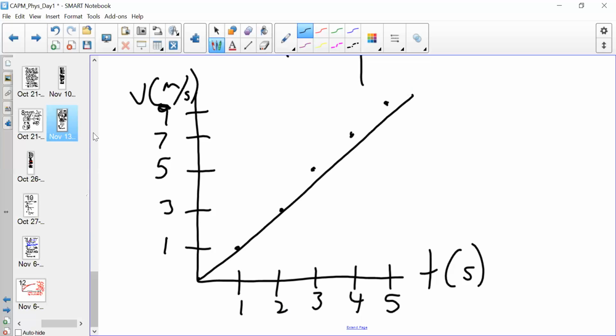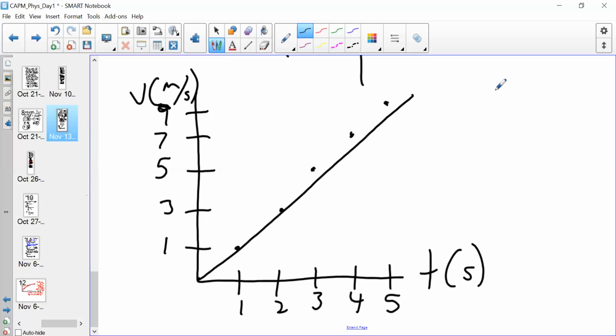Now we can just do our slopes of velocity versus time, but in this case, we know it's just going to be one slope because it's one constant value for all of the points. Okay, so let's verify that.